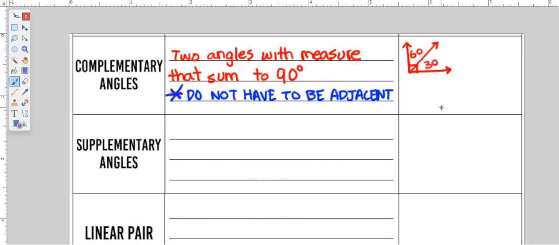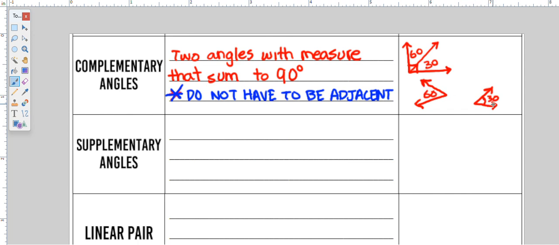But I could also have the example of a 60-degree angle. This one is 60. And then over here in a different area, this one is 30, all right? So these two are complementary.